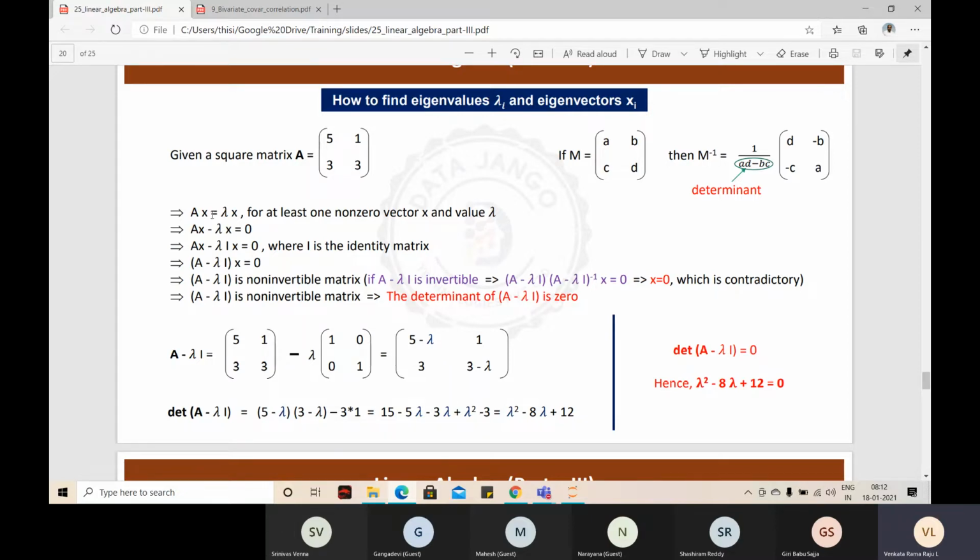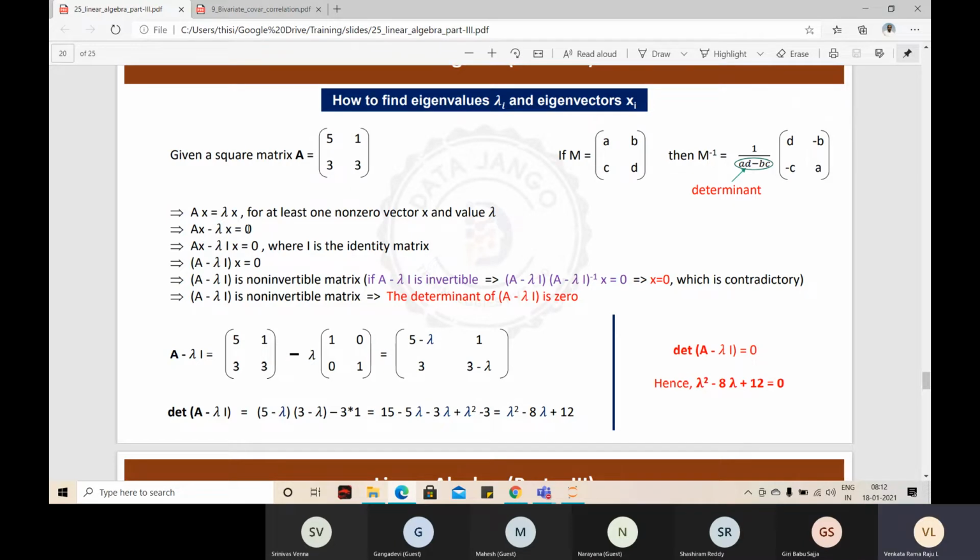But if lambda and X are non-zero, we said for A there is an eigenvector X and an eigenvalue lambda, right? If we say this, we can represent this like this, right? Ax minus lambda x is equal to 0.